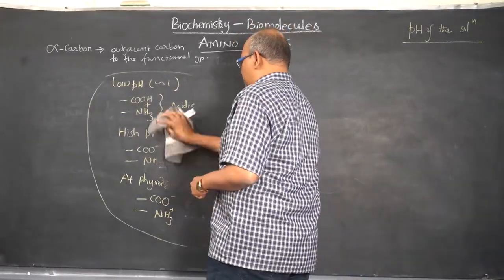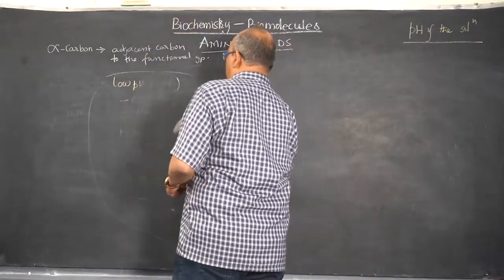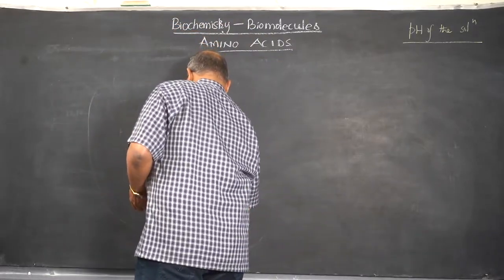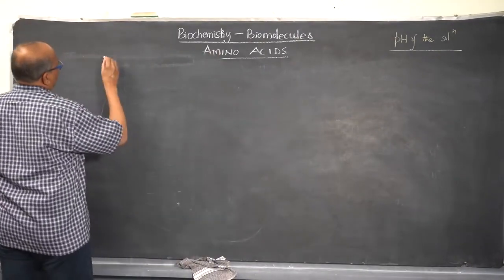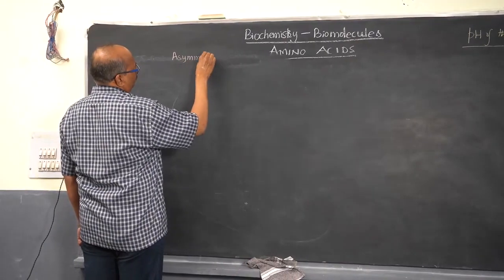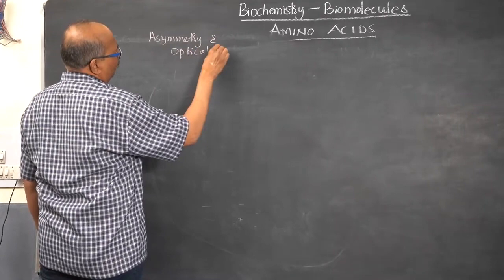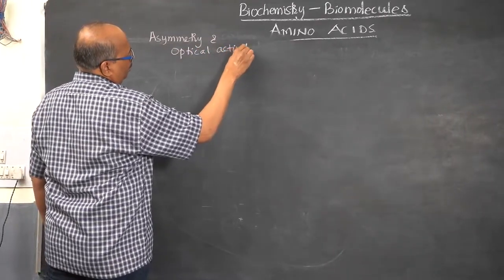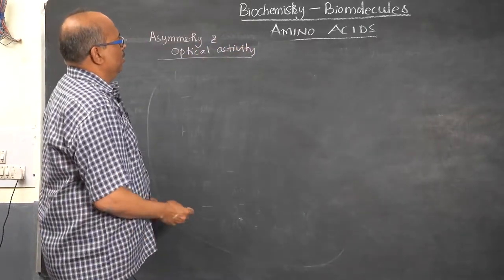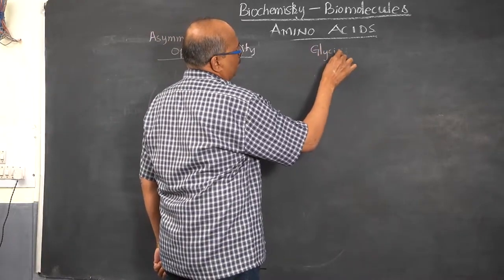The next feature is asymmetry in amino acids. And anything that has asymmetry usually has optical activity. An exceptional amino acid is glycine.